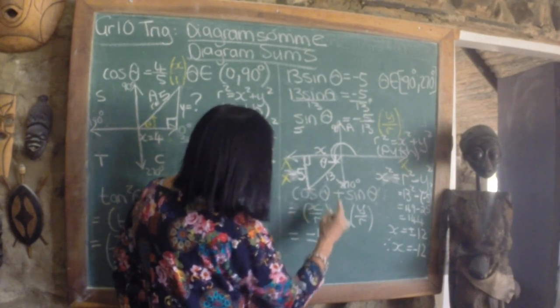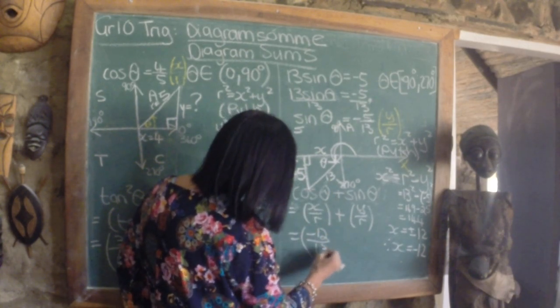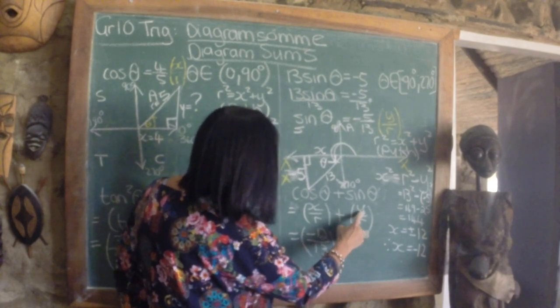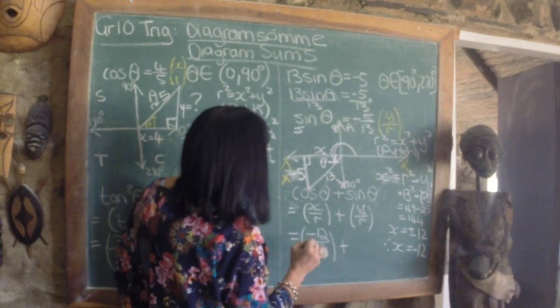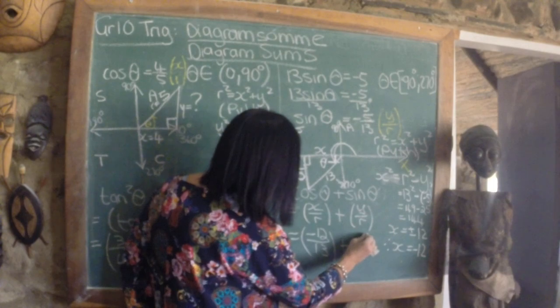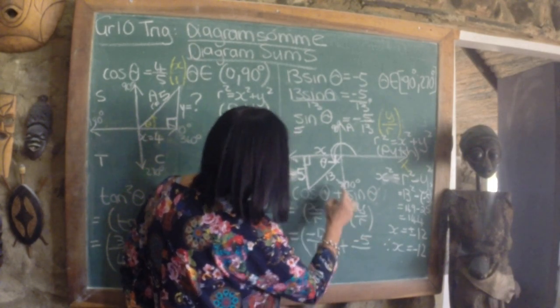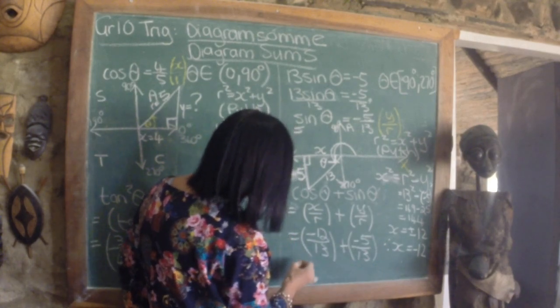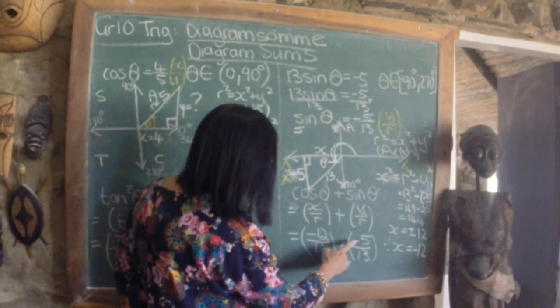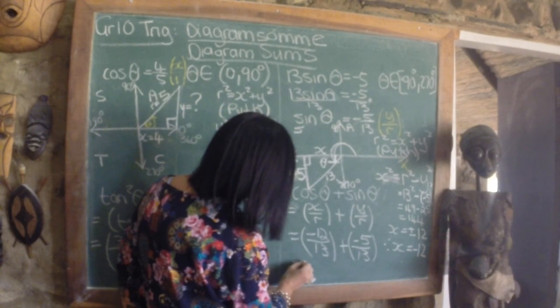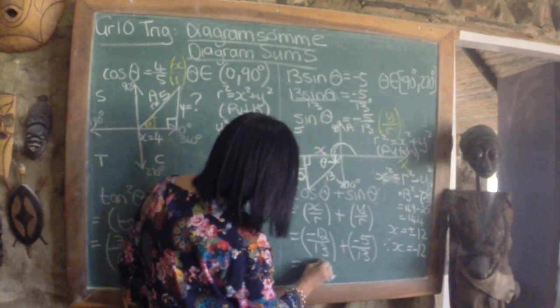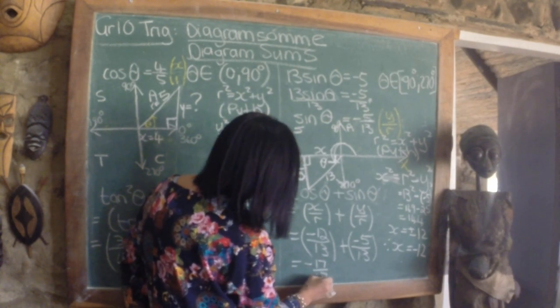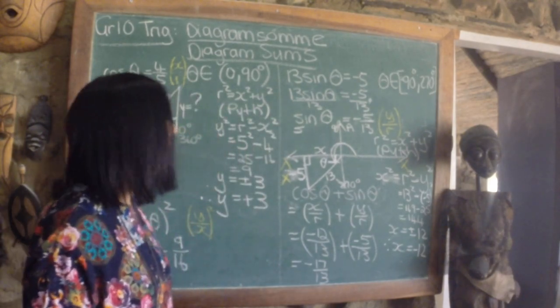Ons r is 13. Ons y waarde, our y value, minus 5. En ons r waarde is weer 13. Ons noemer is dieselfde, so ons het minus 12 op 13, minus 5 op 13. So dit gee vir my minus 17 op 13. And that's my final answer.